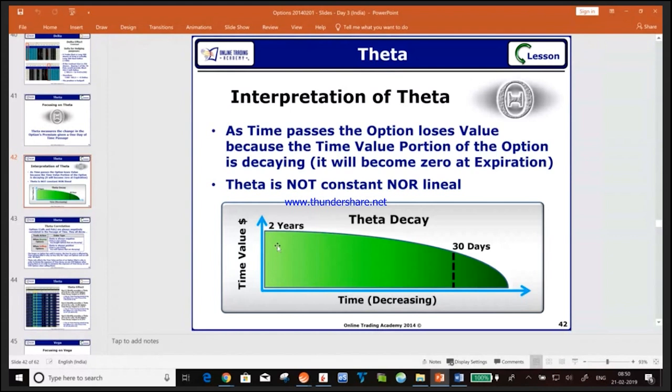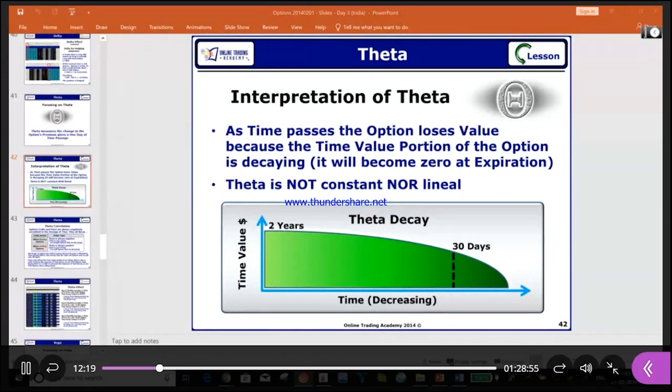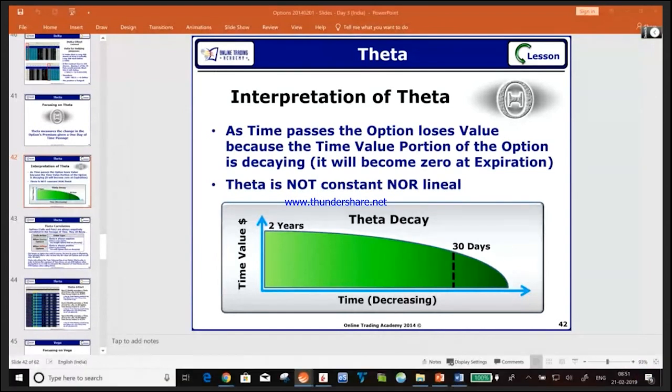Now, we know one basic inherent property of the options premium is that the time value will always become zero at expiry, isn't it? Correct? Then who is responsible for making time value zero?